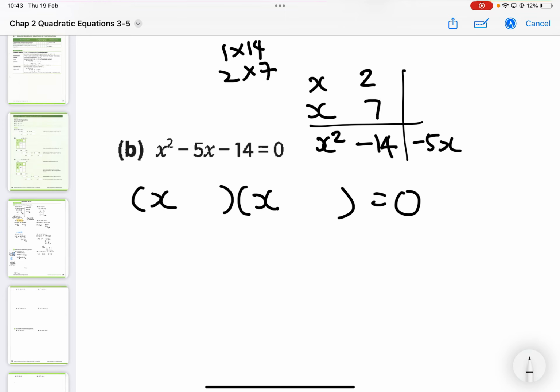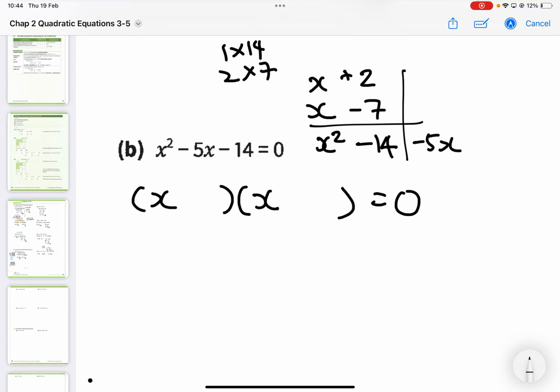Then to make minus 5, it means I want a more negative number. I want the negative number to be bigger. So I will put my 2 as a plus. I will put my 7 as a minus.